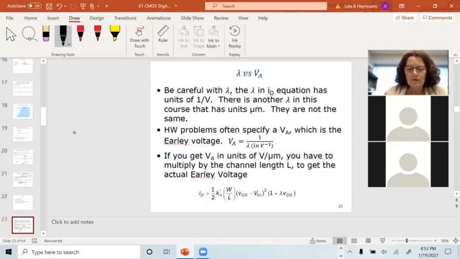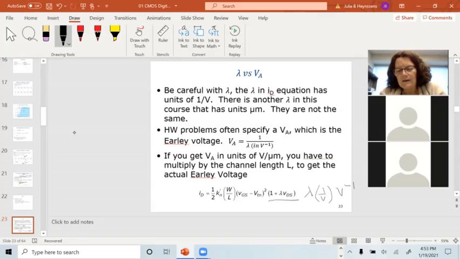Now this lambda that shows up in the equation, we have to be careful with this. If you're a physicist, you probably think lambda's wavelength, and that would be in meters, but that's a whole other thing. There are two different places in microelectronics where the variable lambda gets used. The lambda in this ID equation has to have units of 1/volts, or volts to the -1, because when I multiply it by volts, I want it to be dimensionless, so this current still remains a current.